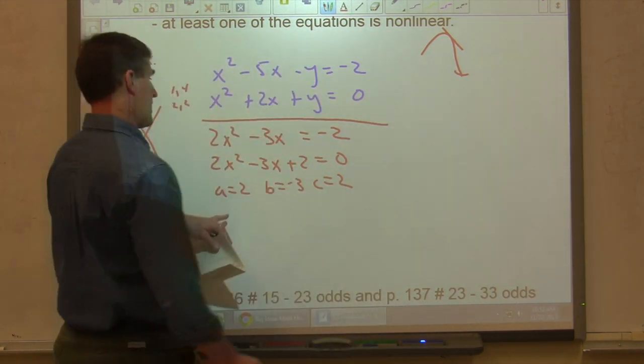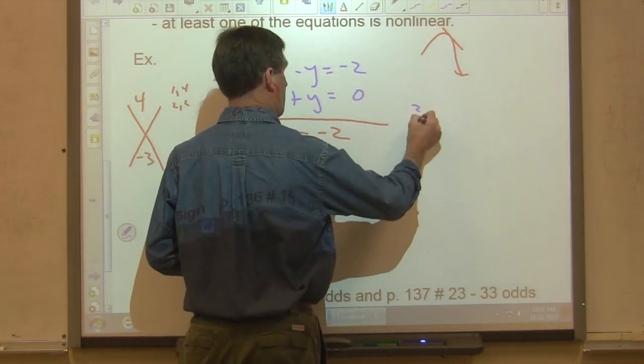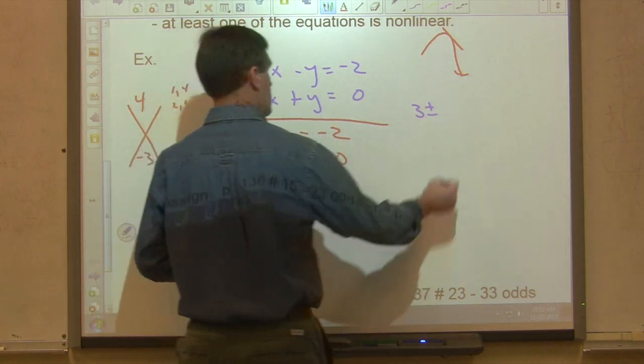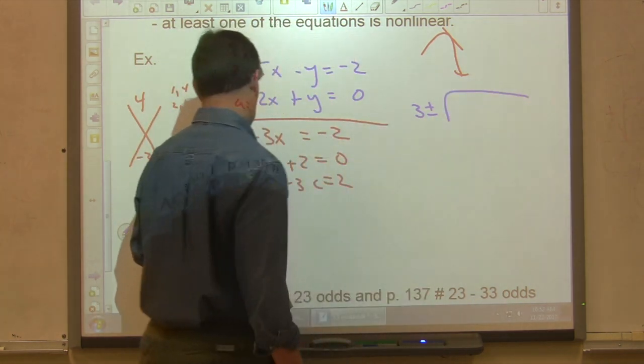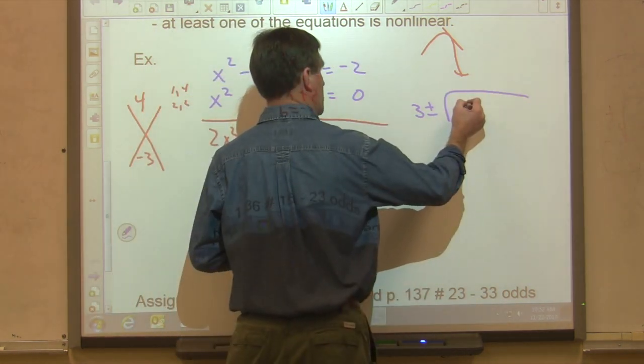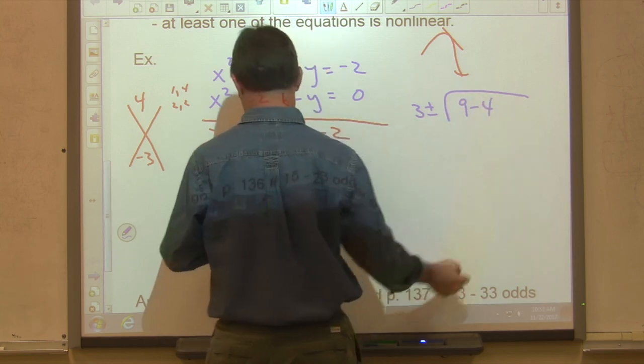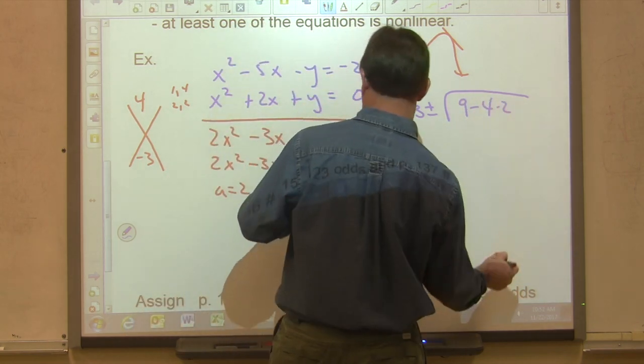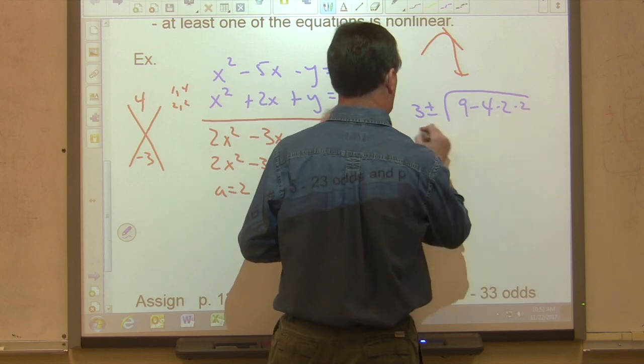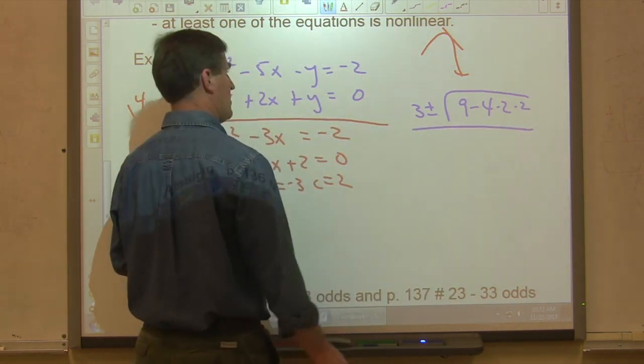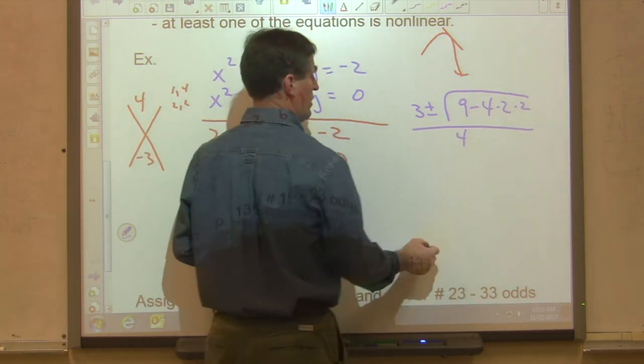So I'm going to go ahead and plug that in. That would be 3 plus or minus the square root of b squared, which would be 9, minus 4 times 2 times 2, divided by 2 times 2, which would be 4.